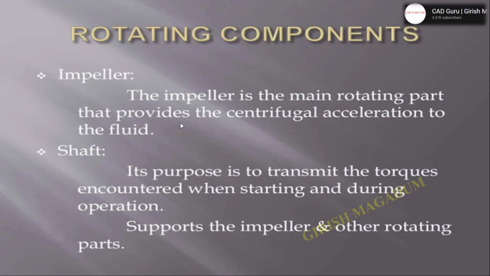The rotating components: the impeller is the main rotating part which provides the centrifugal acceleration to the water or any petroleum products. And the shaft, which is the power source, transmits the torque encountered when starting and during operation as well. To start the pump, the shaft will provide the torque or the power required. It will also support the other rotating components, remember that.